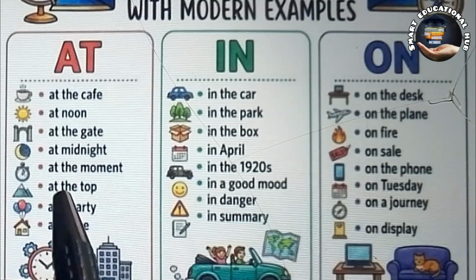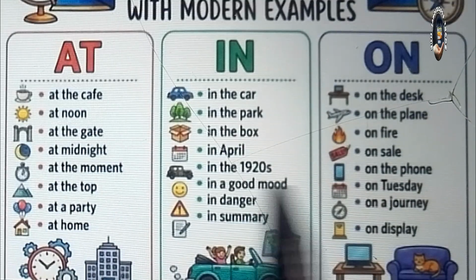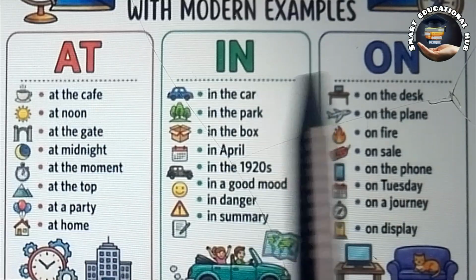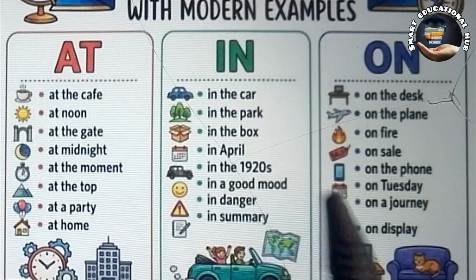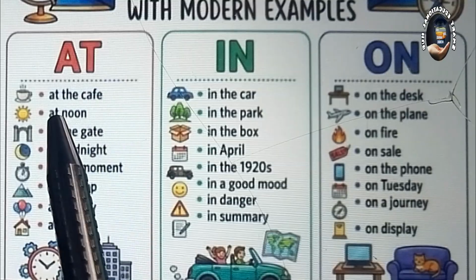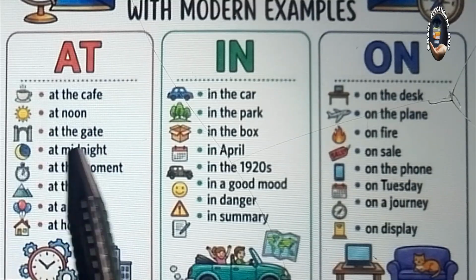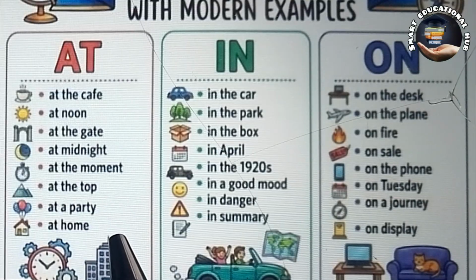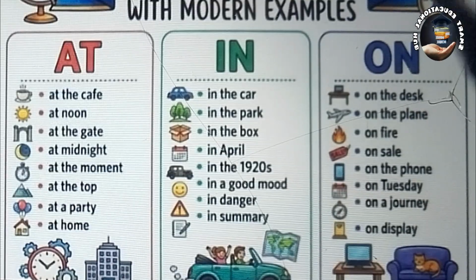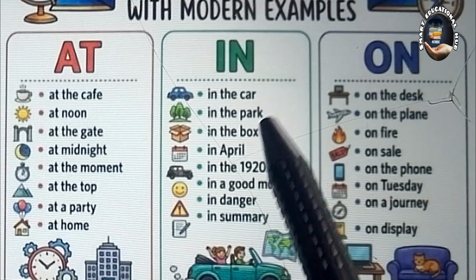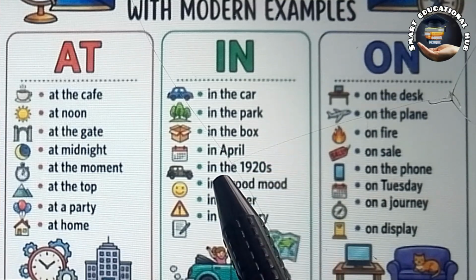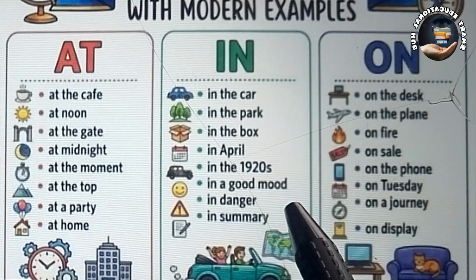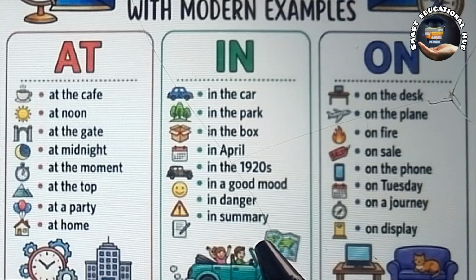So note down this chart and you can take a snapshot of this picture, which will help you to use at, in or on without any confusion. We will use at the cafe, at noon, at the gate, at midnight, at the moment, at the top, at a party, and at home. Similarly, we will use in the car, in the park, in the box, in April, in the 1920s, in a good mood, in danger, and in summary.